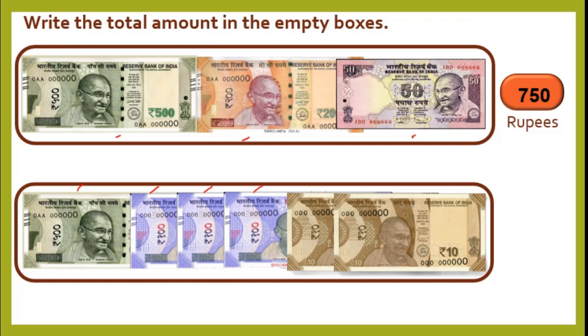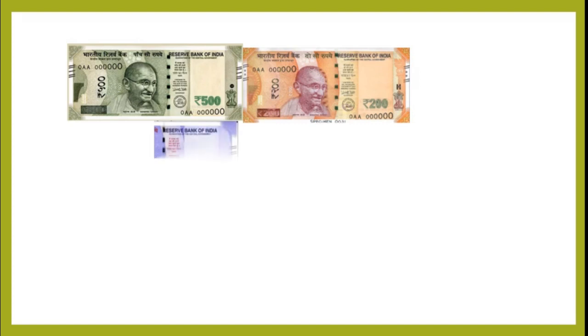Plus 1 800. Okay, this is 10 rupees. So 810 rupees. 820 rupees. So what we will write in the box? We will write 820. Isn't it? Now the next one you have to calculate. Okay. Observe the notes and their values.